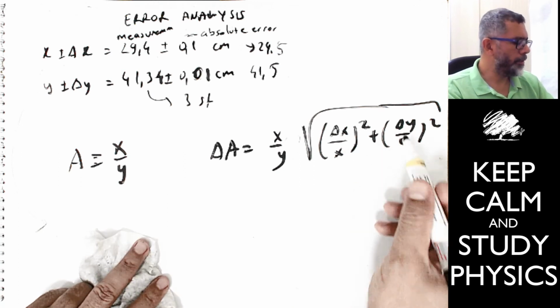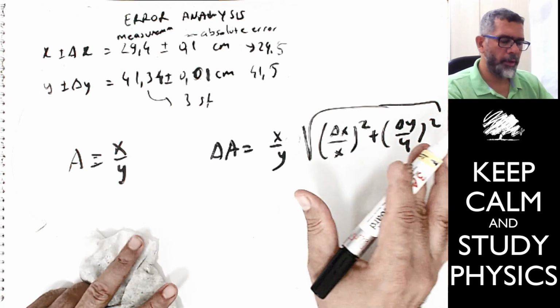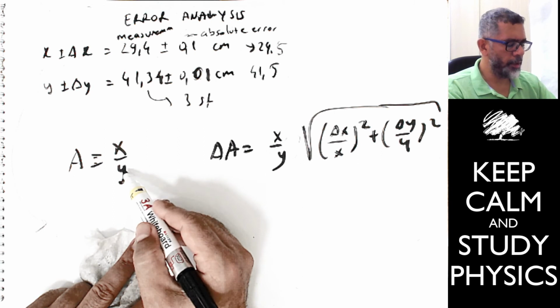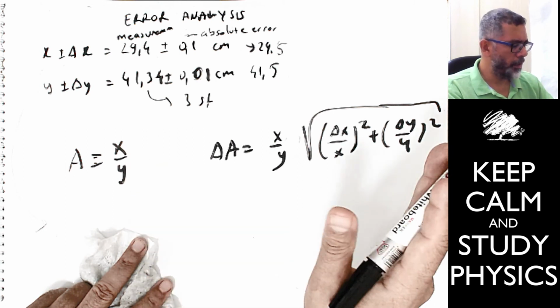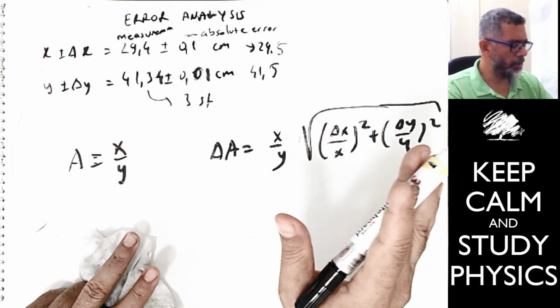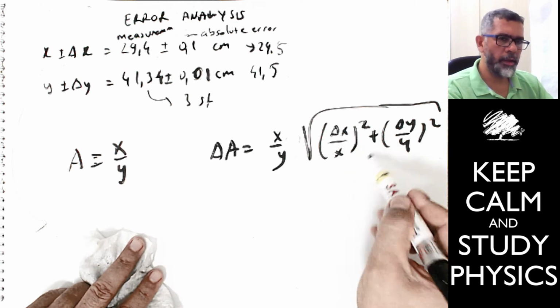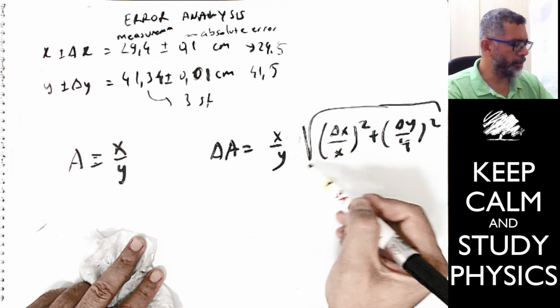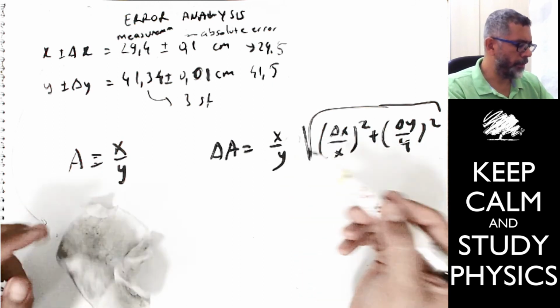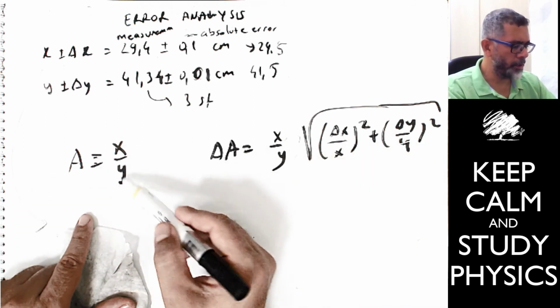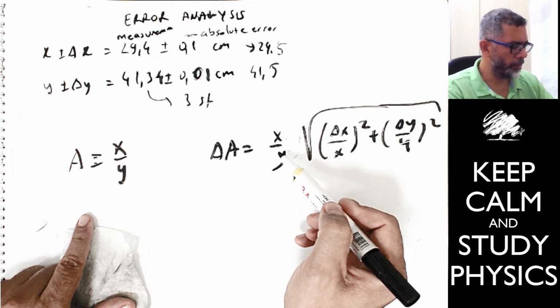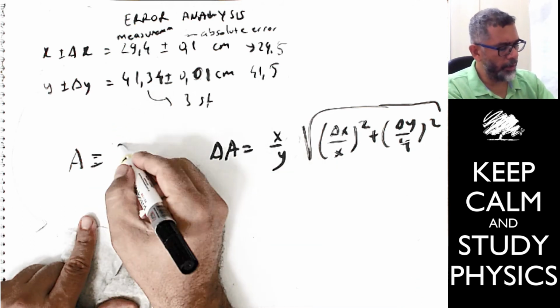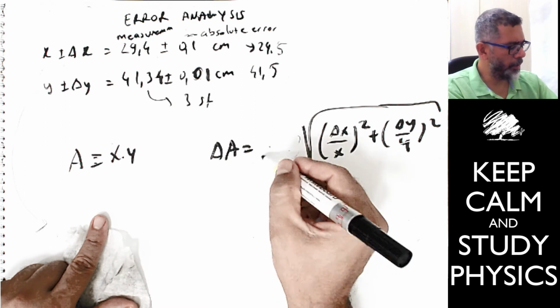So the addition of these relative errors stays the same. Whether this is x times y or x divided by y, it doesn't change the squared part at all. It only changes the factor in front of the squared part. If you're calculating x divided by y, the factor becomes x divided by y. If you're calculating x times y, the factor becomes x times y.